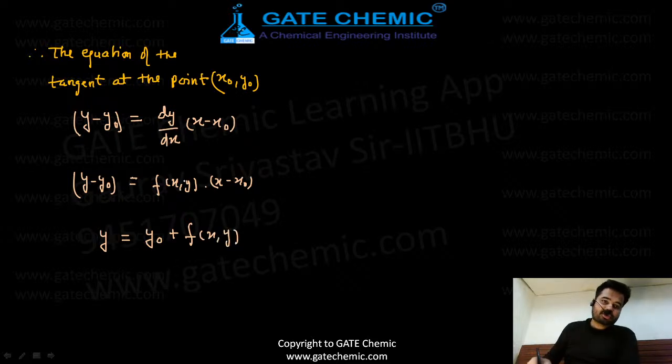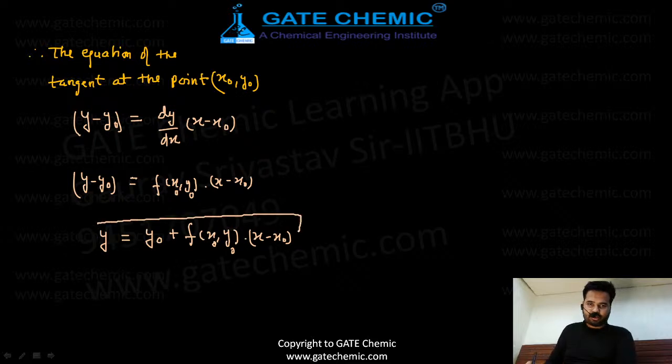And now because here our point was x naught y naught, so put here x naught y naught and multiplied by x minus x naught. Now this is our formula in raw form.